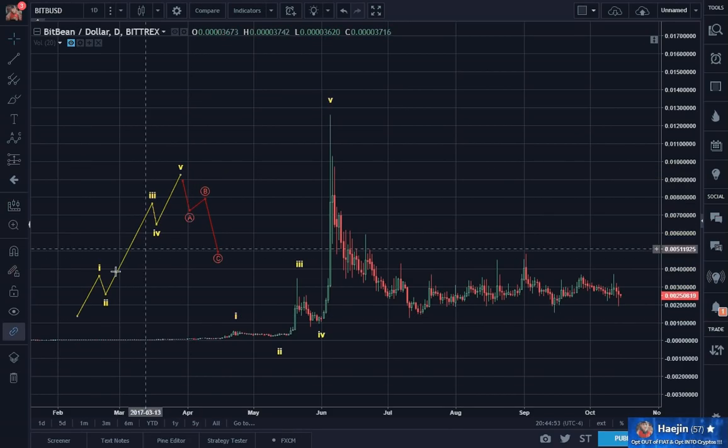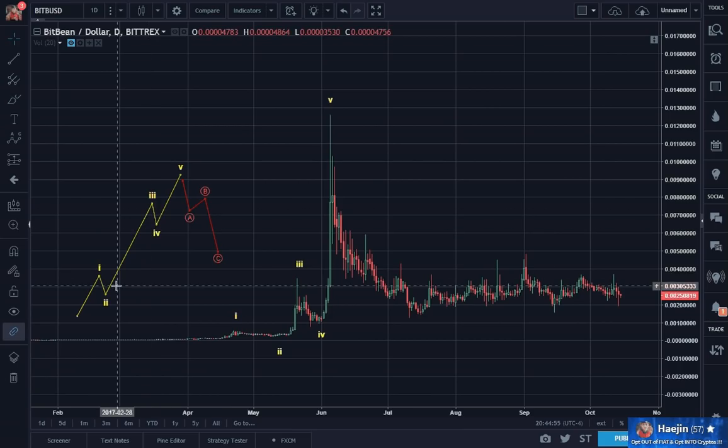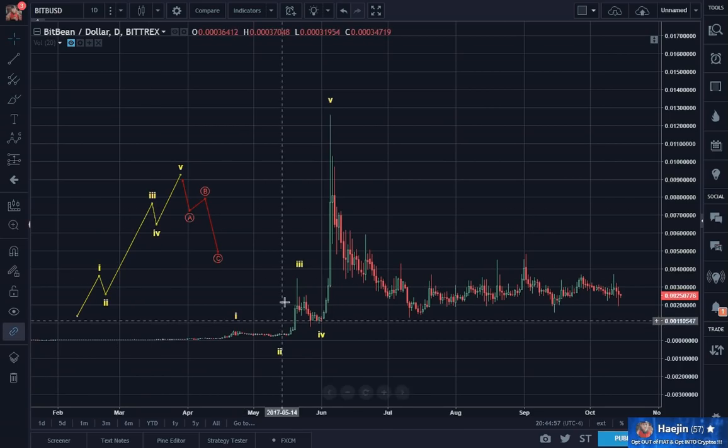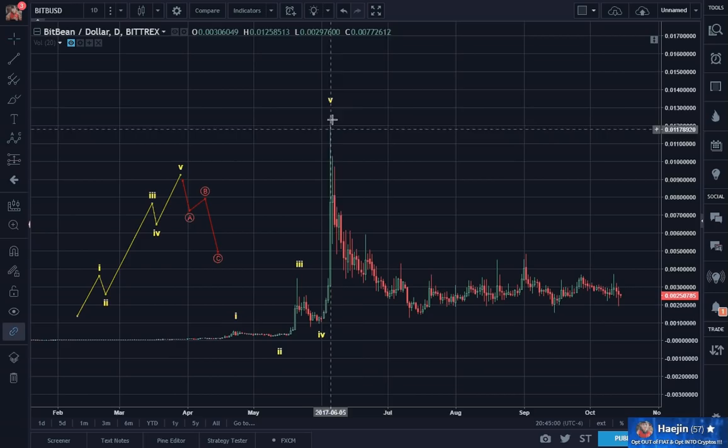So, having said that, in stocks, wave 3 is the longest. But just take a look at it here. Which one is the longest extended? It's wave 5.